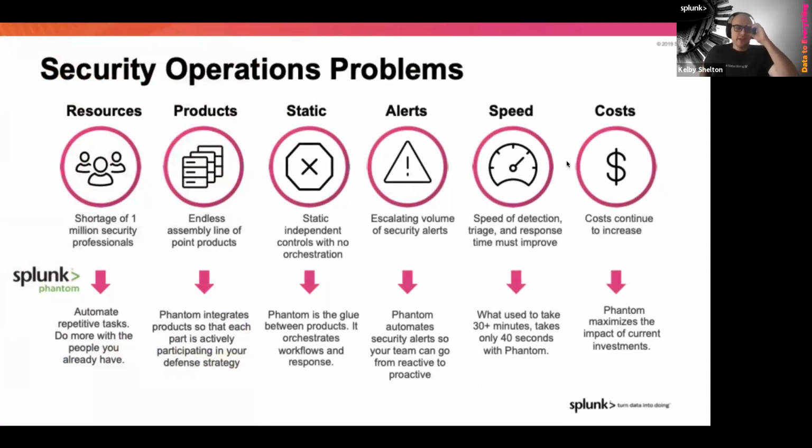So these are some of the problems that Phantom was designed to solve. We have a shortage of security professionals, and even more so with the current crisis, we have people expected to do more with less. We have a myriad of point products, as we call them, that are all kind of static. They don't like to talk to each other. And we have an increasing number of alerts.